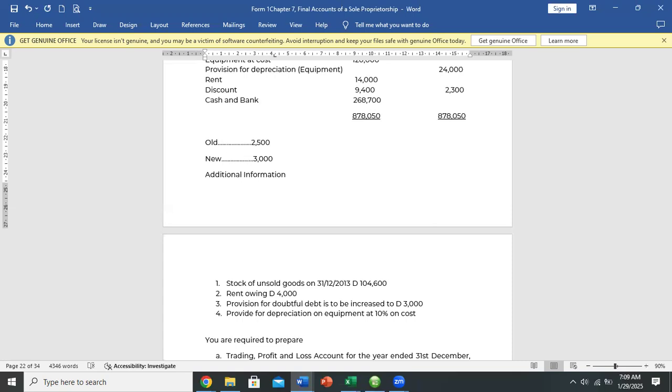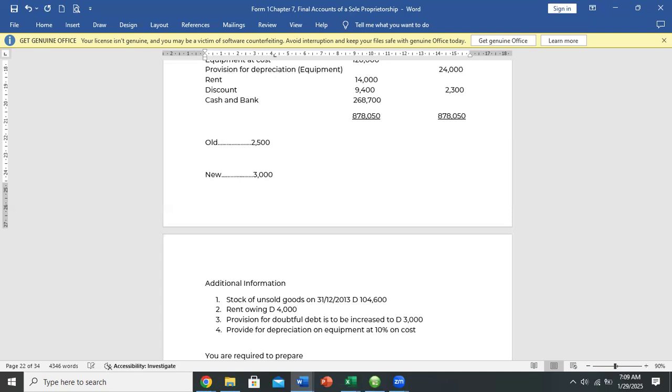Because if transport fares were 70 cedis and you are told that it's to be increased to 100 cedis, then the new transport fare is 100 cedis because it has been increased from 70 to 100. So that difference of 30 is the increment, right? So applying the same scenario here, the increase in the provision is the 500, or in the transport scenario, the 30 cedis.